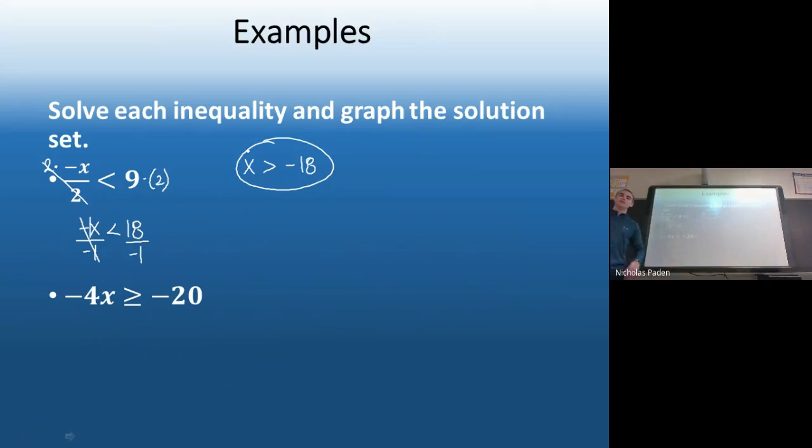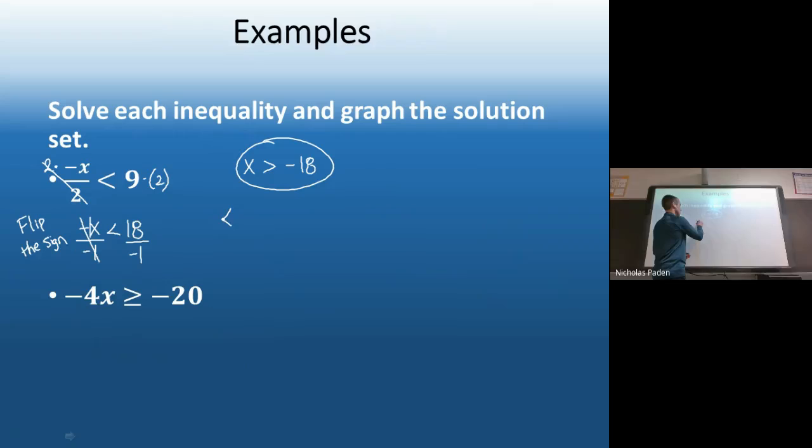So before we graph it, one thing that I want you to make sure you understand. If there is a negative in front of the x and we move it from one side to the other, I also need to flip my inequality sign. Okay, so flip the sign, because there was a -1 in front of the x, so technically we had to divide by -1.